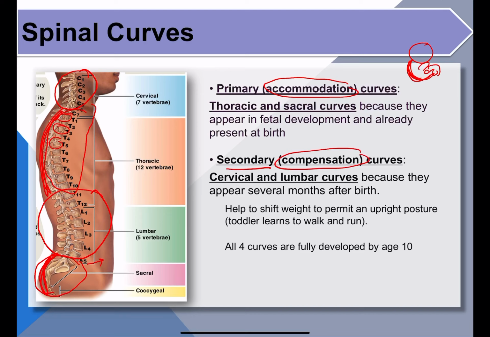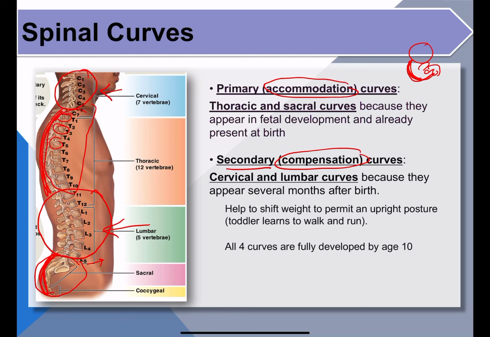For example, in order for a baby's head to hold upright on its own, that cervical curvature right there needs to become strong enough to hold the baby's head up. In order for the child to learn how to walk, the lumbar curvature right here, which tends to be bigger, has to develop in order to permit that full stand-up posture, so you can withstand the whole body weight coming from above, your whole trunk and your head.